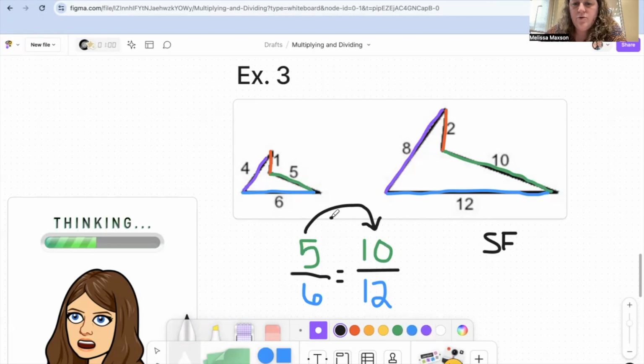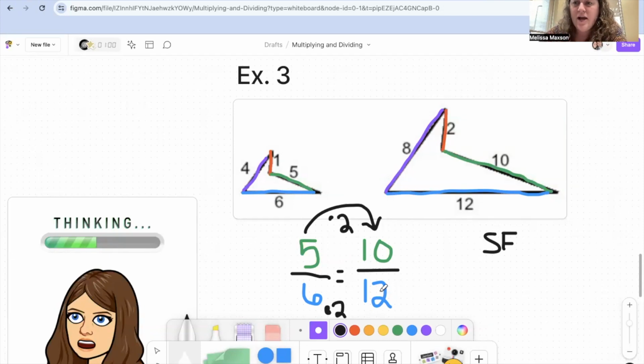So we're going to multiply by some number. Okay, so 5 times what is 10? 5, 10. Oh, I only had to skip count by 2. So 5, 10. So that's times 2. And then let's check. Whatever you do at the top, you got to do the bottom. So is 6 times 2, 12?